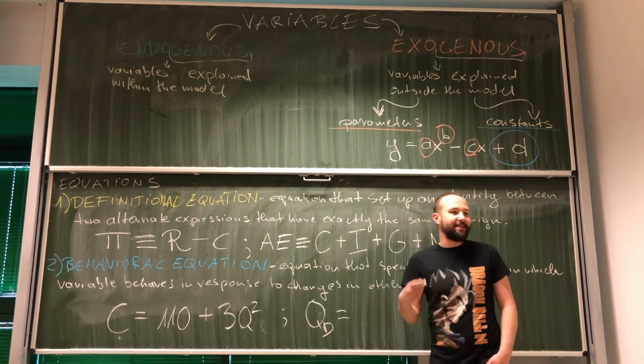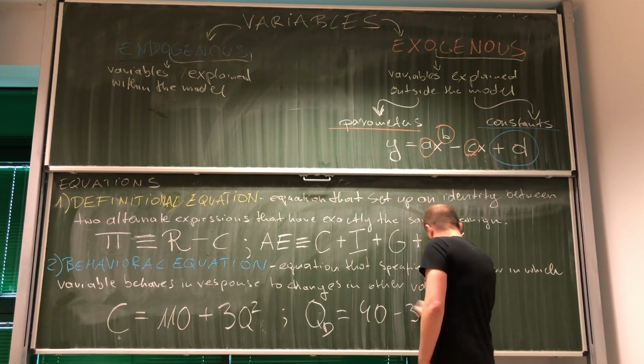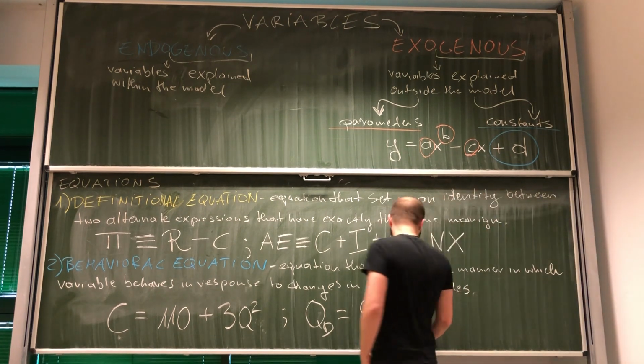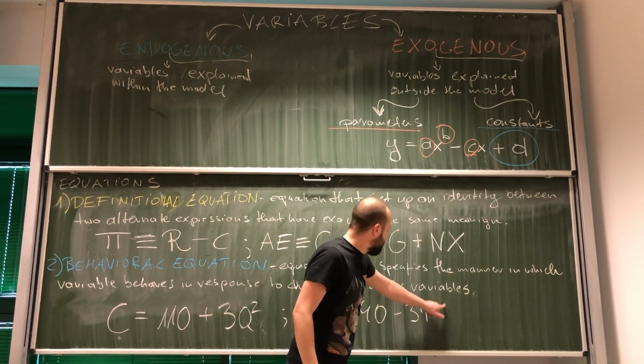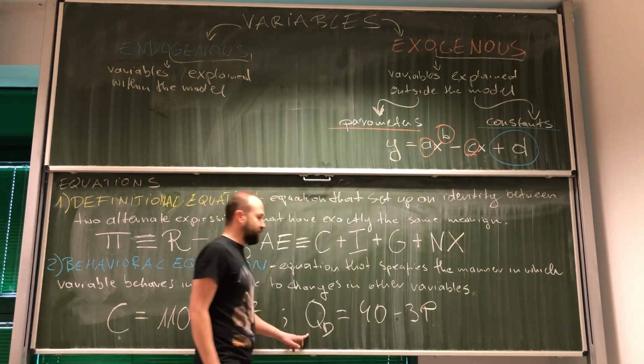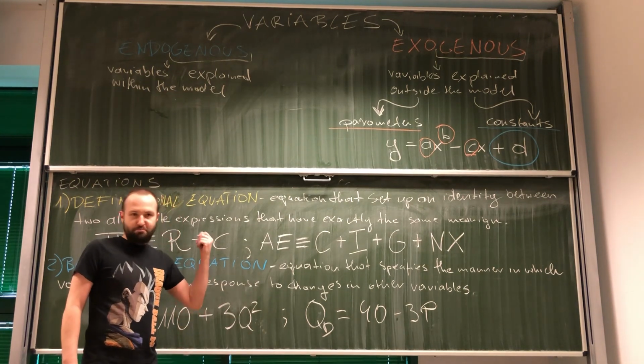Let's just say that this quantity demanded is, I don't know, 40 minus 3p, where p is price. So what do we have here? Look, we see that when the price is getting bigger, we've got minus over here. This expression, quantity demanded, is getting smaller, right? Makes sense?